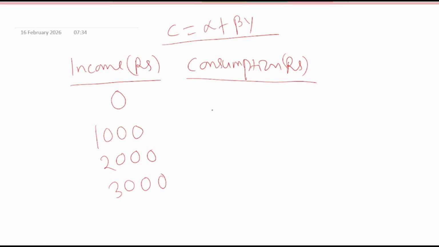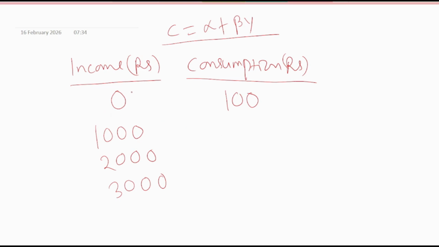Accordingly, suppose his consumption, when his income was 0, he was consuming a minimum amount of 100, which is for his survival. That means the minimum goods and services the person has to consume in his everyday life in order to survive, even if he has income or he doesn't have any income.